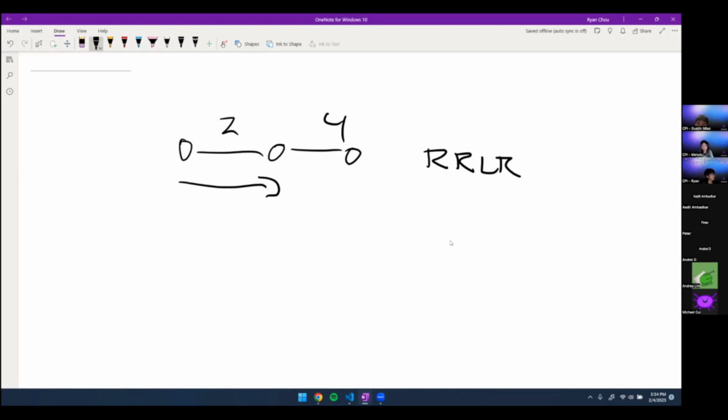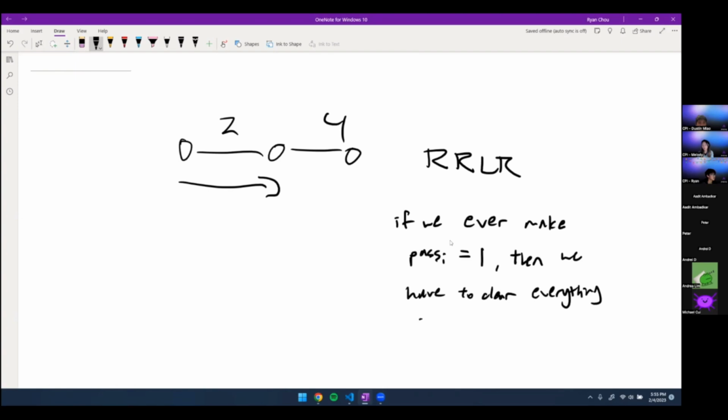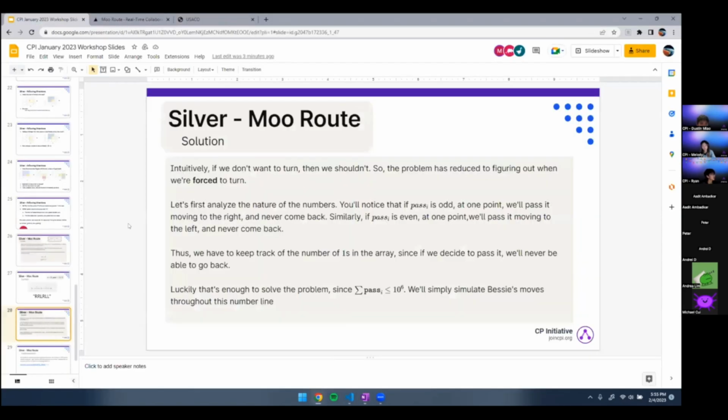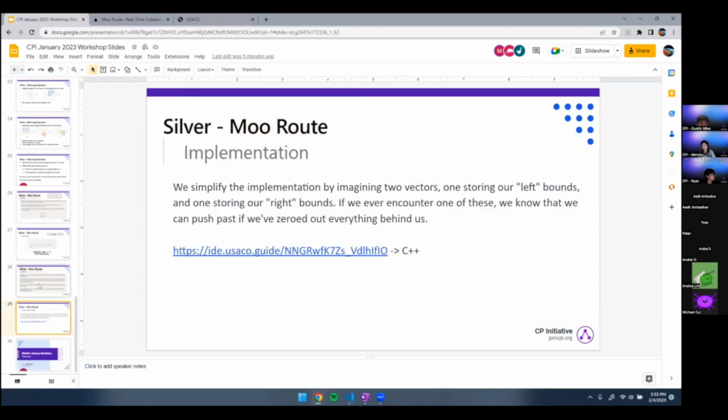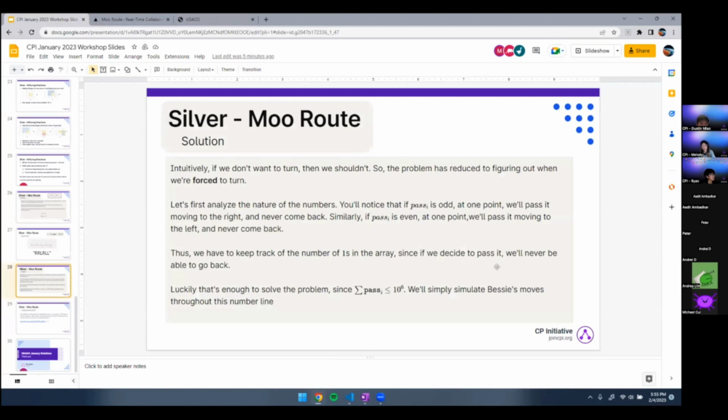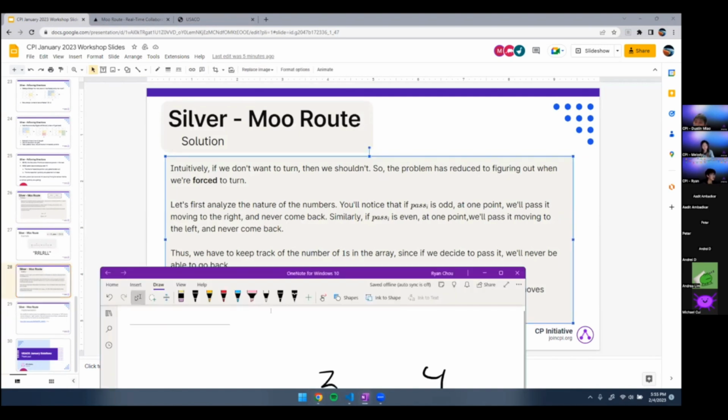So if we ever make i equals 1, then we have to clear everything out on the right side. This is because if we pass through this one again without clearing everything on the right side, then that's never going to be finished. So we just have to keep track of the number of ones that we make, and if we decide to pass it, then we're not going to be able to go back.